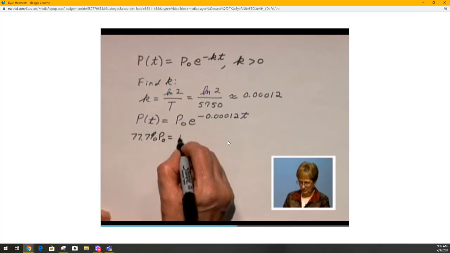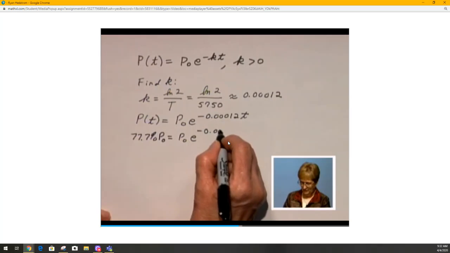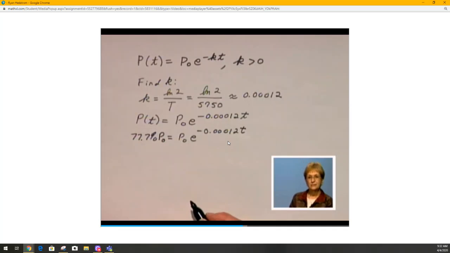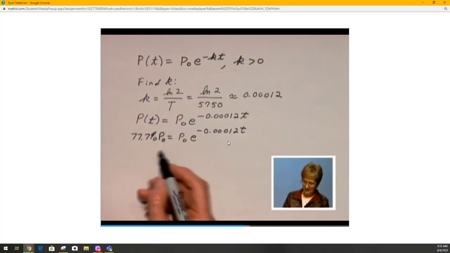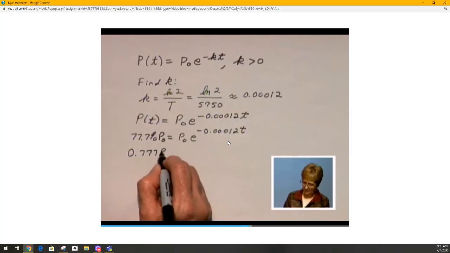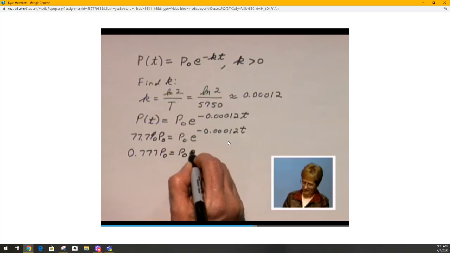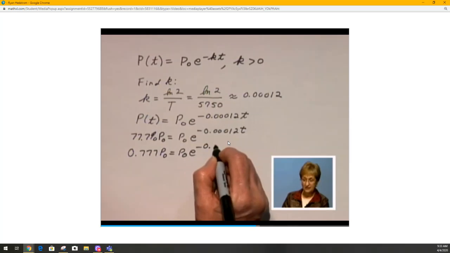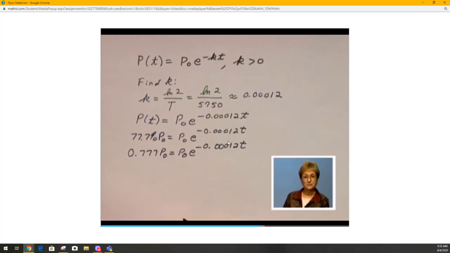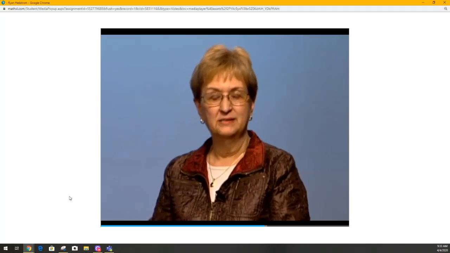That equals the original amount times e to the negative 0.00012 t. Let's convert this percent to a decimal, and we have 0.777 times P sub 0 equals P sub 0 times e to the negative 0.00012 times t. Next, we will divide on both sides by P sub 0.